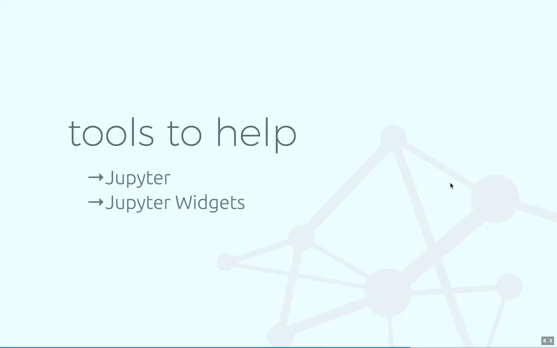The major tool we're going to be talking about here is Jupyter and some Jupyter widgets. There are many Jupyter widget libraries; I'm simply going with the IPython native widgets, but there are many third-party ones as well.